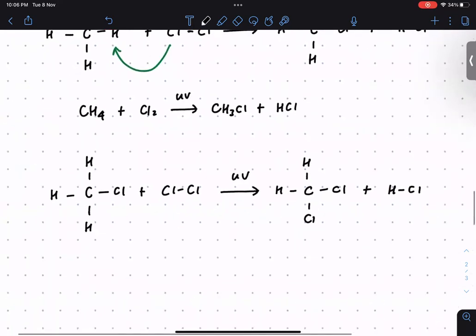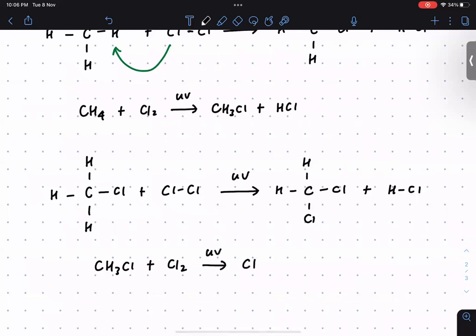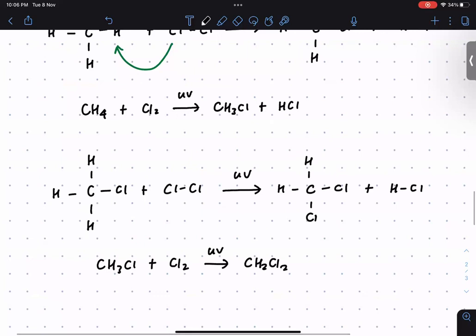So in terms of chemical equation, it will be CH3Cl plus Cl2, again with more UV. Then you will have CH2Cl2 plus HCl.